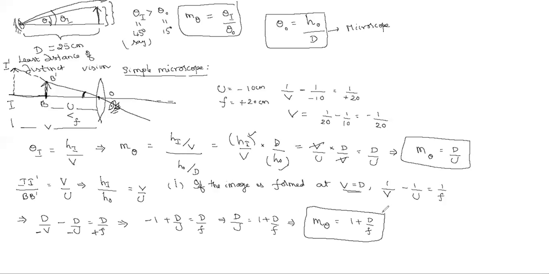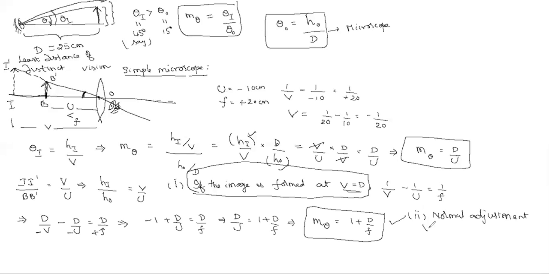So understood? This one you have to remember for numericals, when the image is formed at the least distance of distinct vision. Suppose they ask that the simple microscope is in normal adjustment. You have to understand what is meant by normal adjustment.